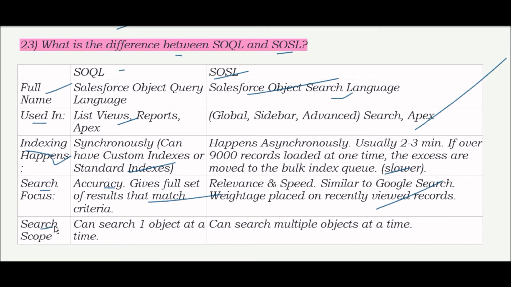Salesforce Object Query Language can search one object at a time, and on the other hand, Salesforce Object Search Language can search multiple objects at a single time. Okay, so that's all about the difference between Salesforce Object Query Language and Salesforce Object Search Language.